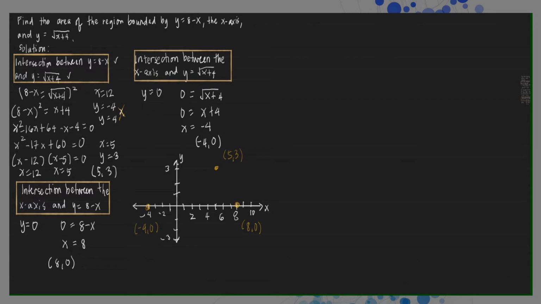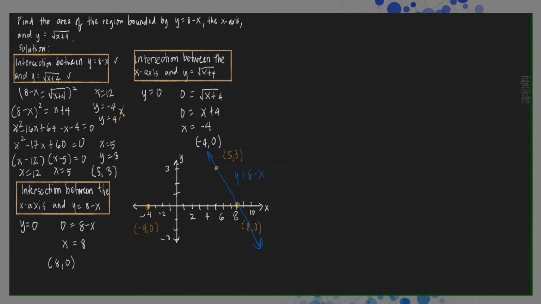So let us begin by sketching y equals 8 minus x. So y equals 8 minus x will be passing through the points (5, 3) and (8, 0). So this is y equals 8 minus x.